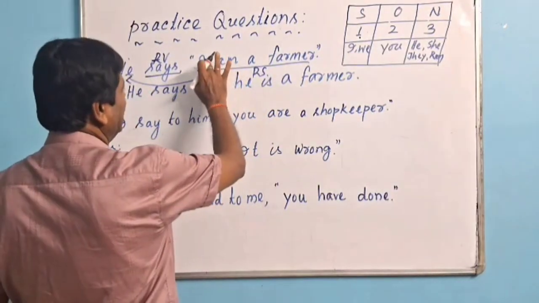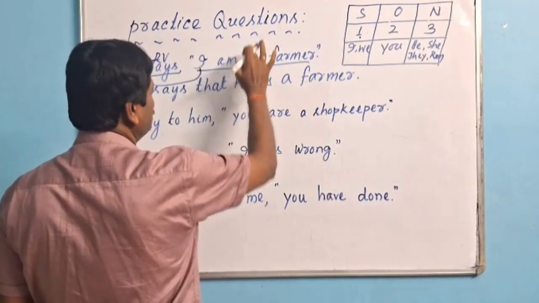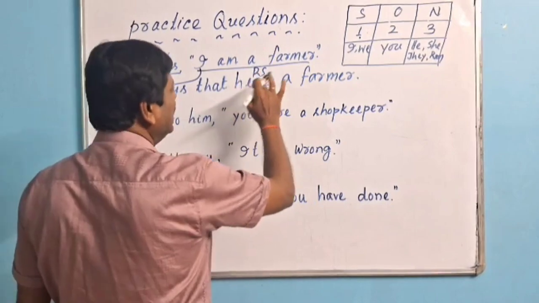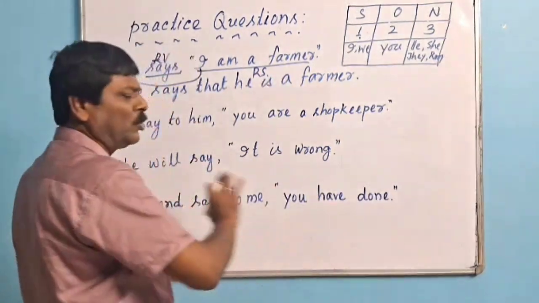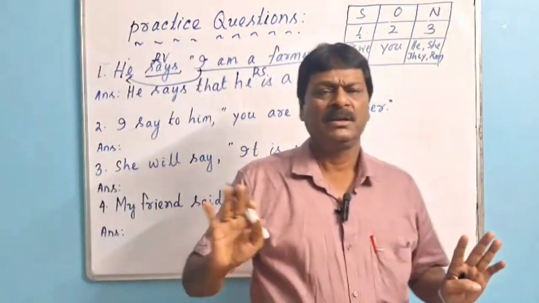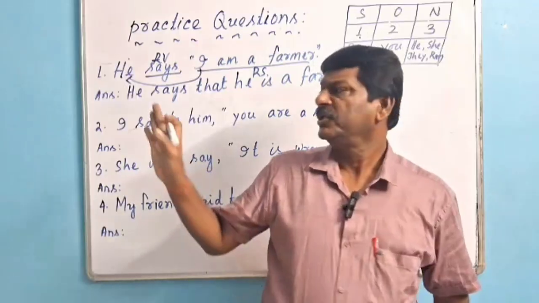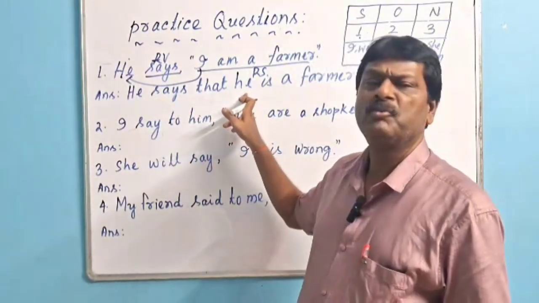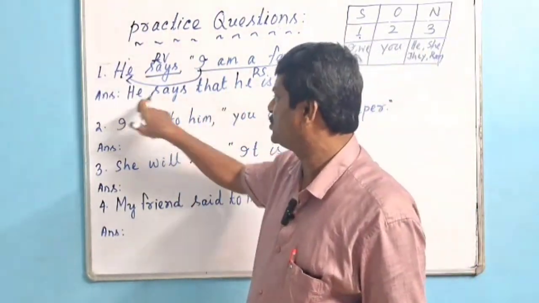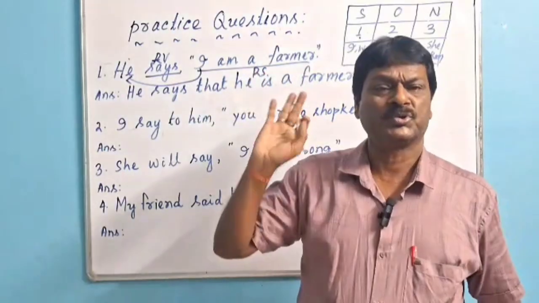So after I, am is used, but after he, is is used. So no tense is changed, only the form of the pronoun is changed. That's why is is used instead of am.